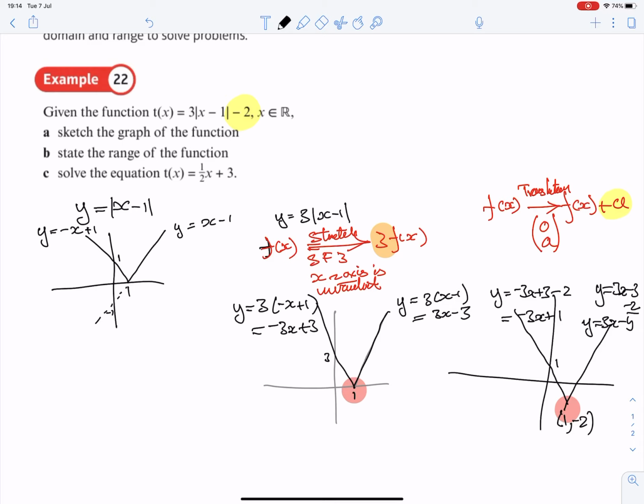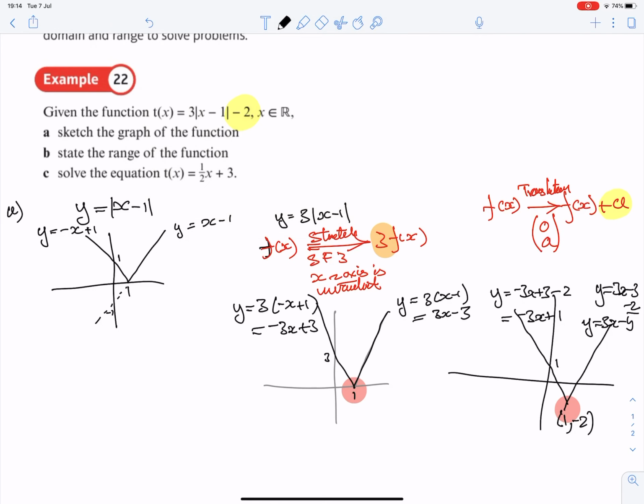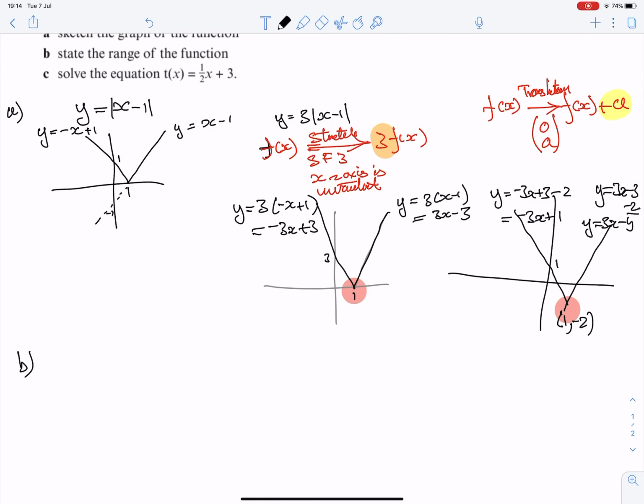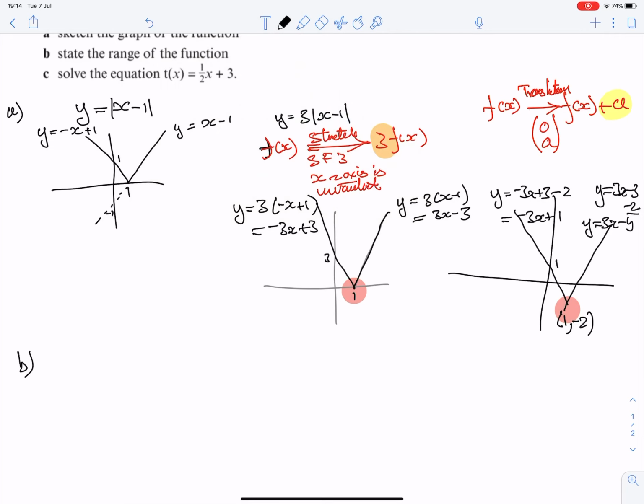State the range. So the range is the output values. So that's part A, and part B is the range: the output values. If it's range, it's got to be described in terms of, not f of x, but actually this time it's t of x, isn't it, because our function is t.